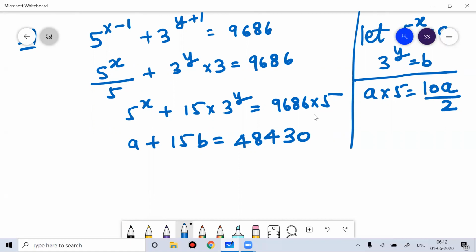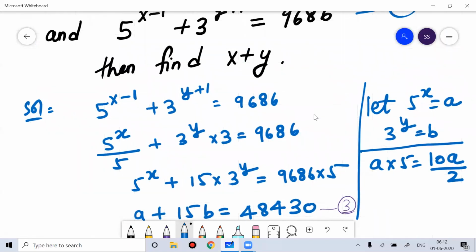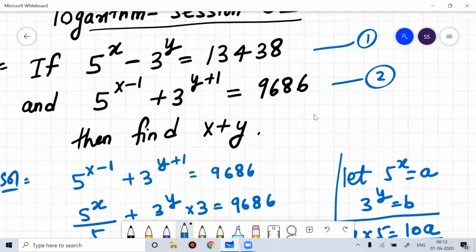So I got one equation, that is a plus 15b is equal to 48430. I just write this as equation 3, while equation 1 was a minus b.